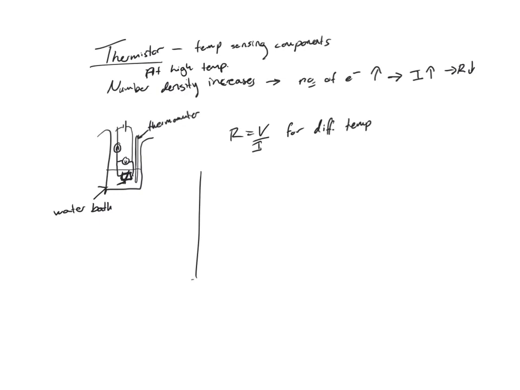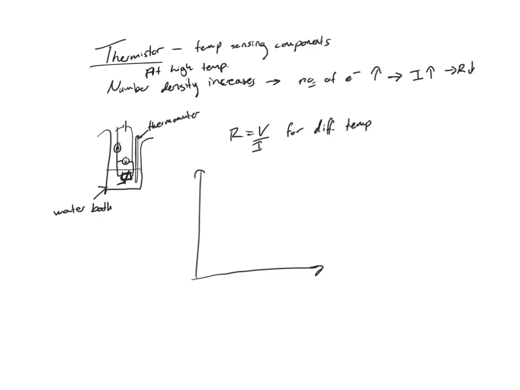Also, just to ensure a few bits and pieces are correct here, the water bath is used for changing temperature. Instead of using a Bunsen burner, which could expose your wires and overheat them and change the temperature quite quickly, with a water bath you can change the temperature slowly and wait for the equipment to adjust to it.